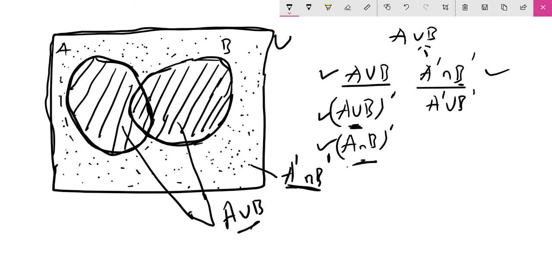Now, what about A complement union B complement? Let's see how that works out. I can just clean everything.